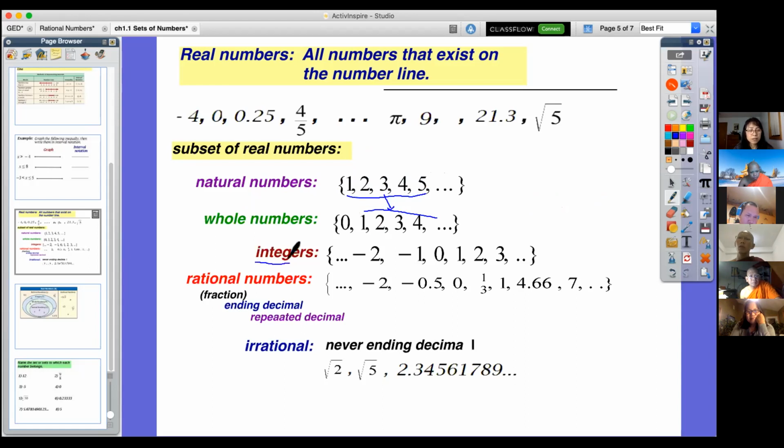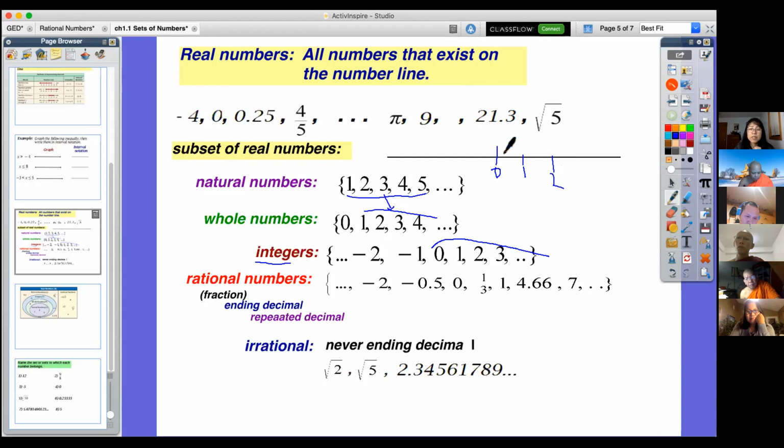Now, integer is interesting because we take all the whole numbers to the right of the number line, here's 0, here's 1, here's 2, and we flip it over to the left as well. So integers are everything from 0 to the right, and from 0 to the left: -1, -2. So that's integers.